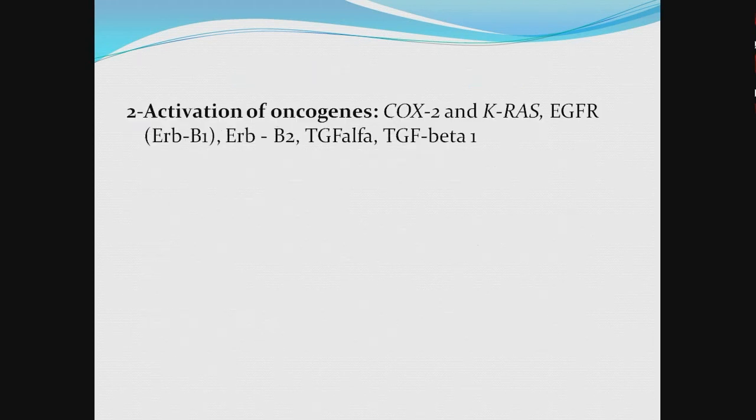The second group, as we said, is oncogenes, and if an oncogene becomes active, this type of gene encourages the development of cancer, including CRC. Examples of oncogene activation are the genes COX2 and KRAS, and also EGFR, which is also called ERB-B1, the other gene ERB-B2, TGF-alpha, and another example is TGF-beta1.